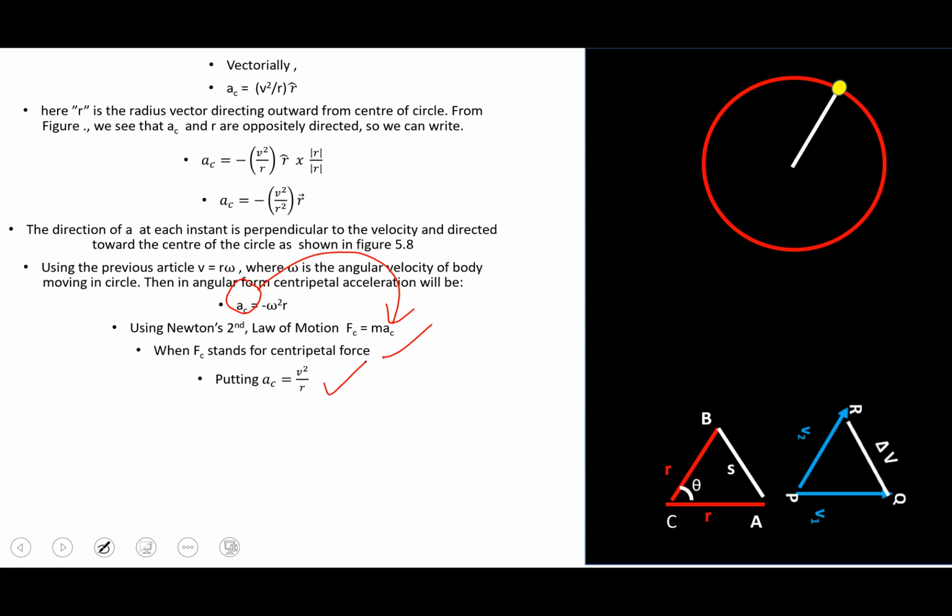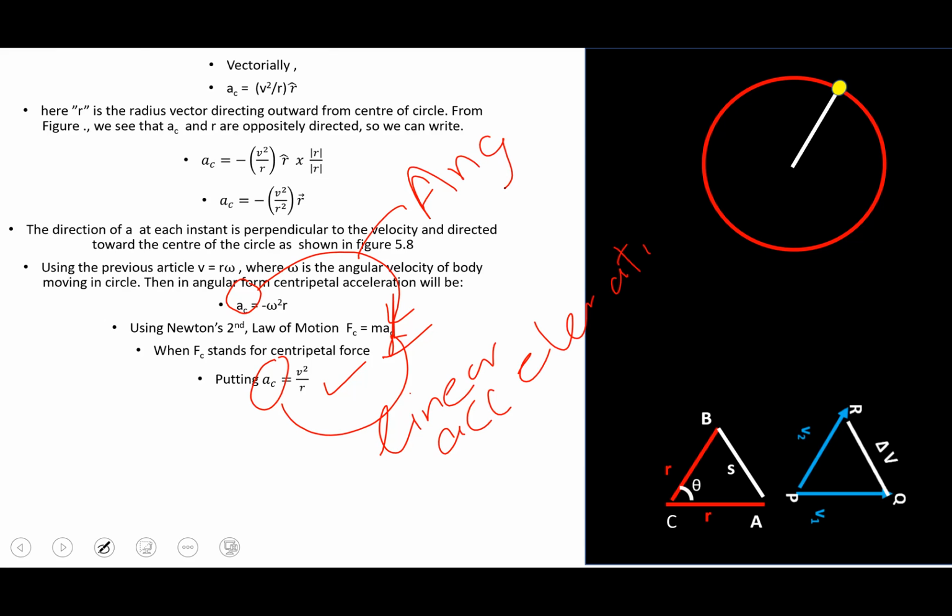Now if we put this value also in this equation, for this value it will be linear acceleration, but for this case it will be angular acceleration.